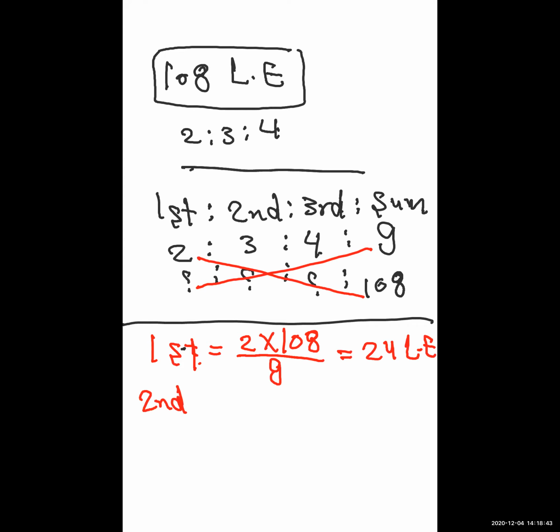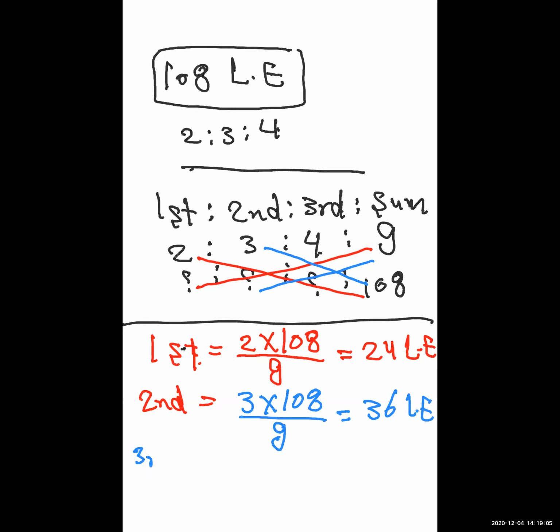The second one also, again, using cross multiplication. This is the second one, okay? So it will equal 3 times 108 divided by 9. So it will equal 36 pounds. So this is the share for the second person.